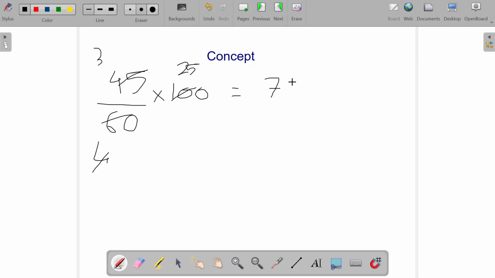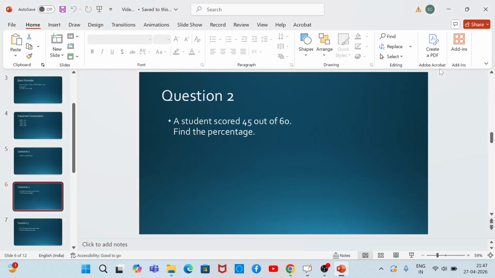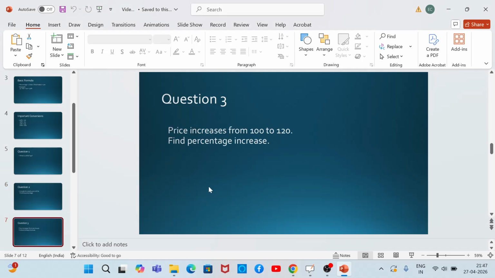So 45 is how much percentage of 60? Nothing but 75%. Correct. Okay. So let's move on to the next question. Now these are the basic questions which I'm just explaining to you so that you can understand the concepts, the formula that we learned, or the basics of percentage.